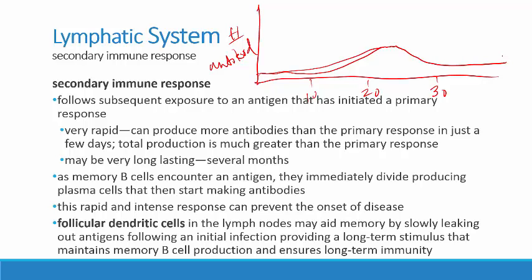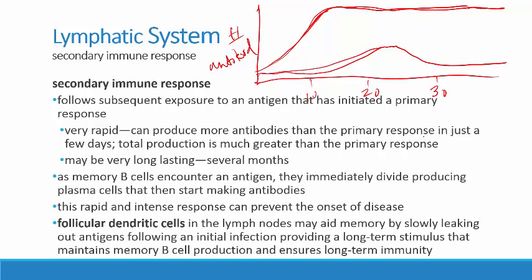So if you look by day 10, we've achieved almost maximum antibody production. And that antibody production stays high for a very long time, for several months maybe even. Certainly well past the response, a much greater response, and one that is so overwhelming that we prevent the onset of disease.